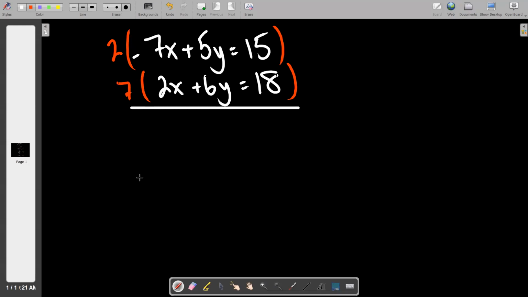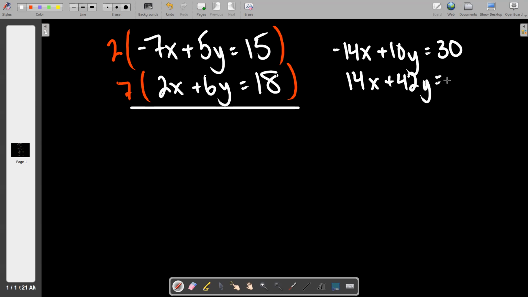Good. All right. So what's the new top equation going to say? Negative 14x plus 10y equals 30. Bottom? 7 times 18 is 70 plus 56.